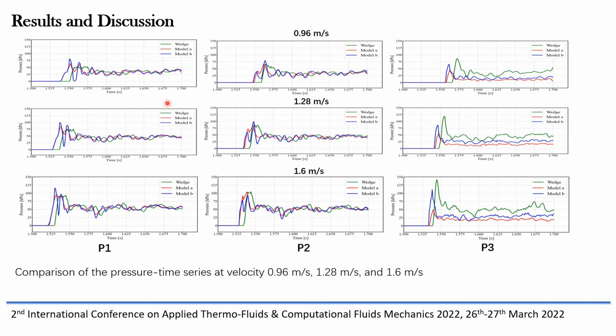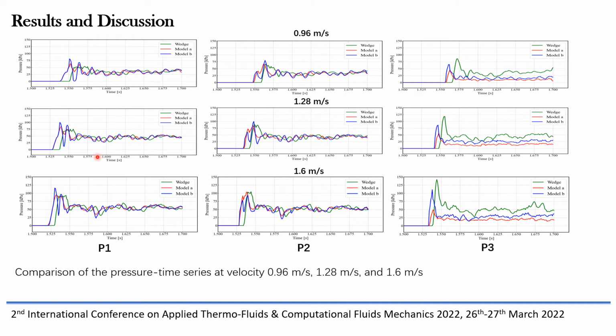And this is the detail of every single velocity at every position, P1, P2, and P3. We can see the difference here. The pressure value increases gradually with the increasing velocity.